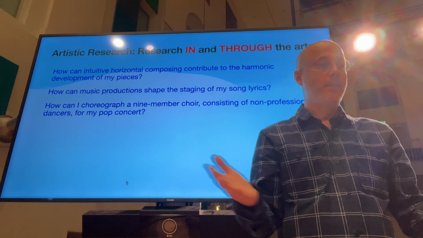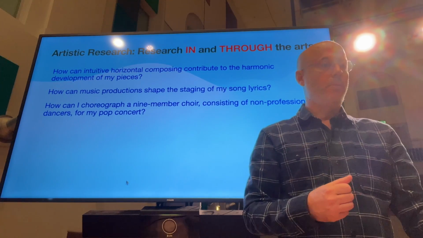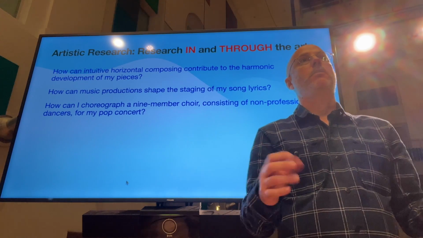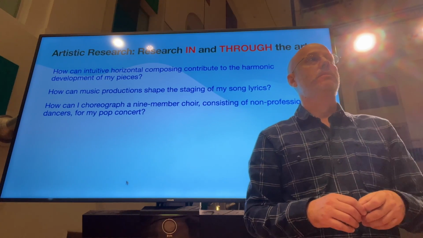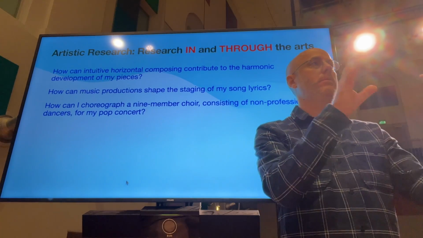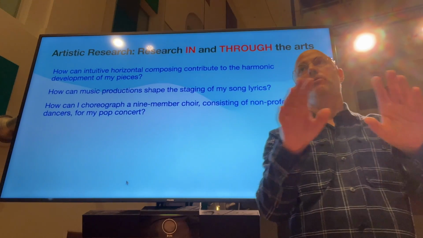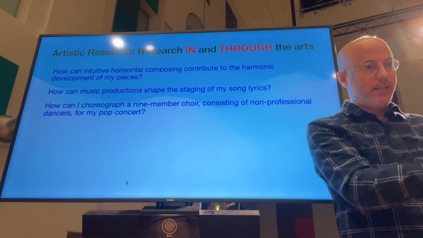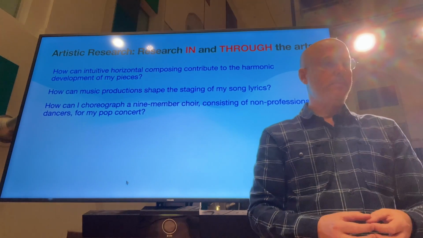So it's not like, how can intuitive composing contribute to the development of pieces, right? That would be musicology. Then you might take 10 different pieces and do that. No, it's my pieces. So I've made this, I tried this, and I made this, right?